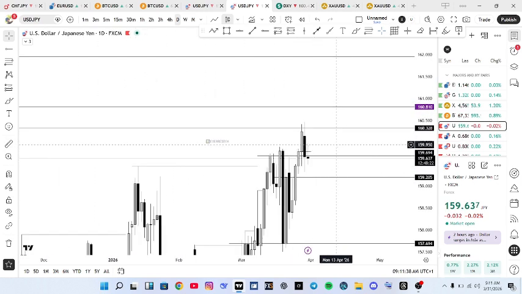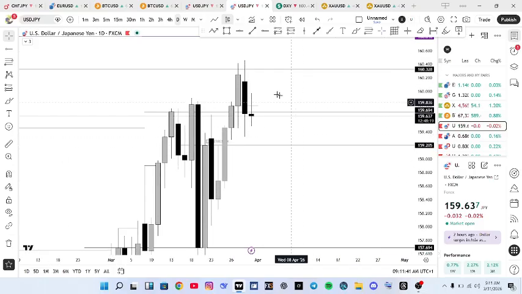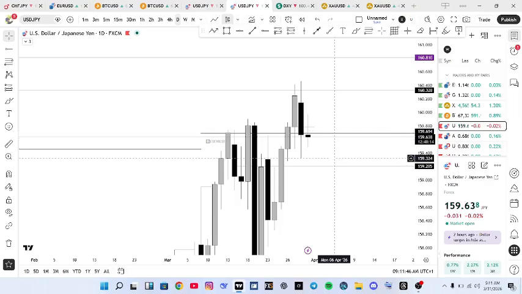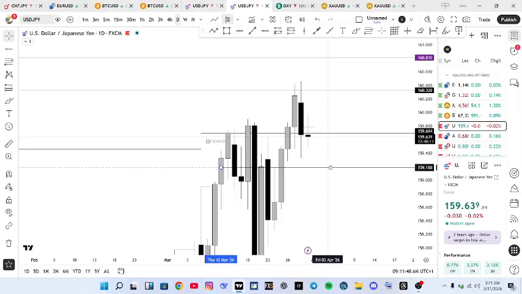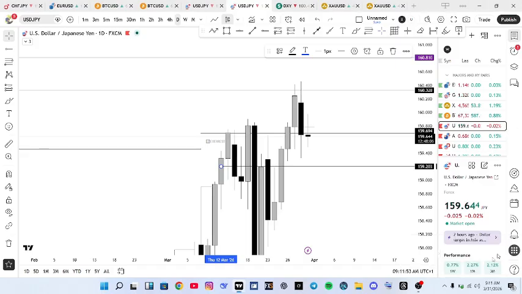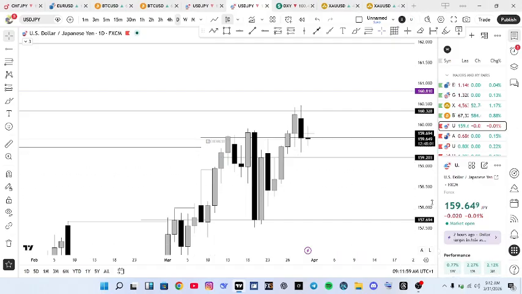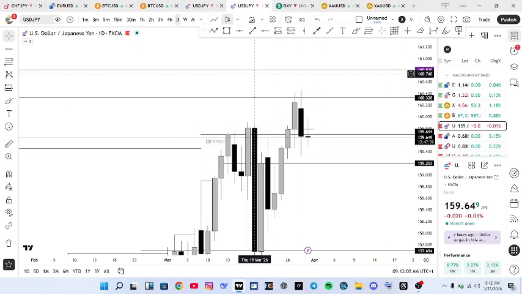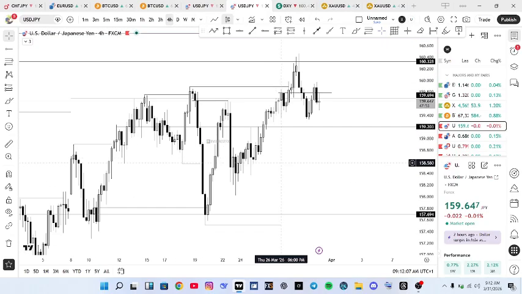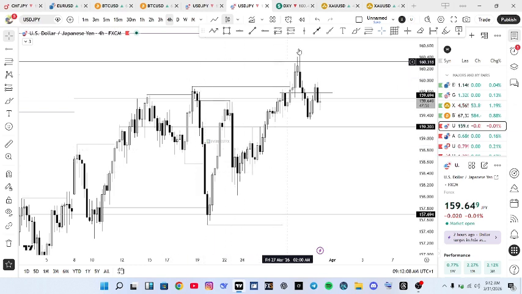It was filled. So I can be looking for buys for GJ from here. On GJ, the structure is clear, so that we have a break. The possibility is that you might be expecting replacements to buy.